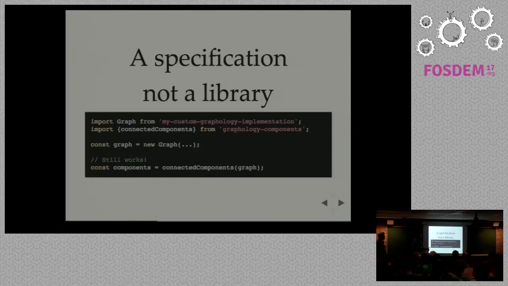You've got a graph, which is an implementation of graphology, my custom graphology implementation, which is built upon C++ for Node.js. And here you've got something from graphology, the function which is able to extract the connected components. And these functions will still work on your particular implementation of the graph because it's the same API, so no biggie here.